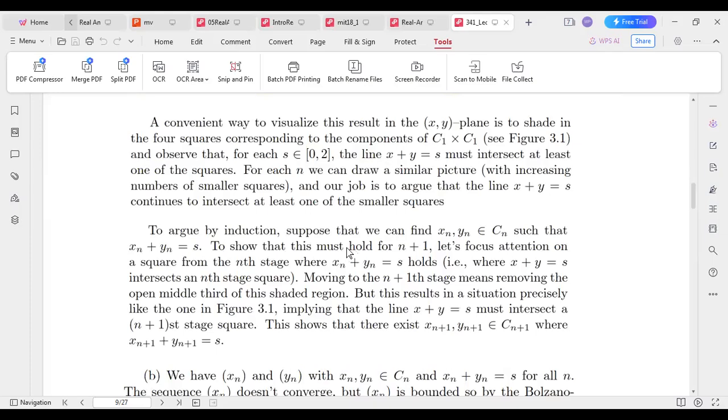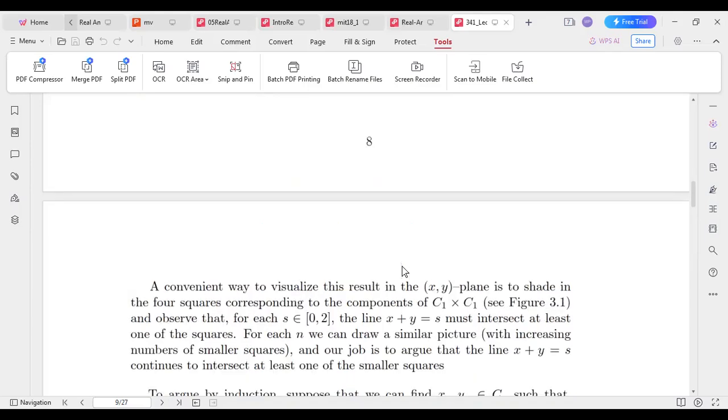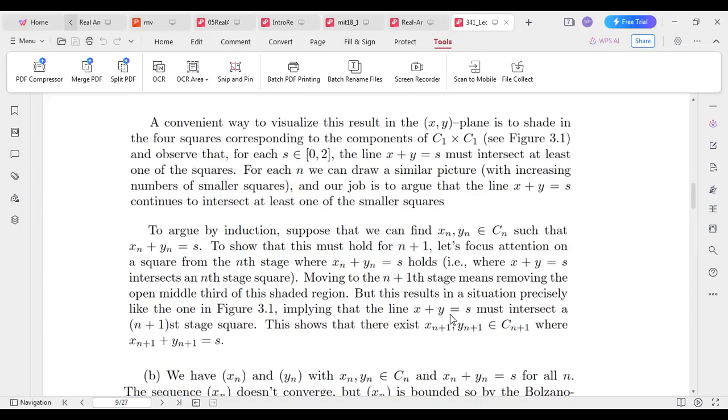To show that this must hold for n plus 1, let's focus attention on the square from the nth stage where xn plus yn equals s holds, where x plus y equals s intersects the nth stage square. Moving to the n plus 1th stage means removing the open middle third of the shaded region, but this results in a situation precisely like the one in the above figure. So the line must intersect an n plus 1th stage square.